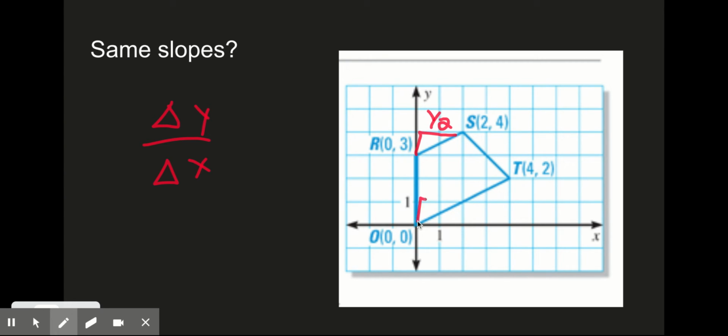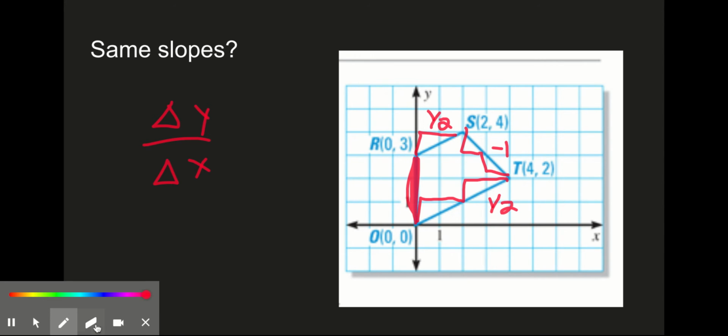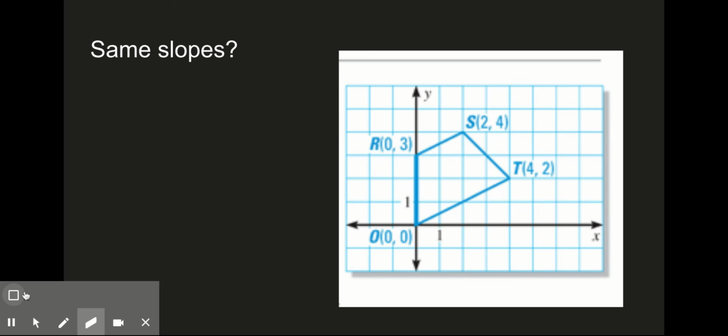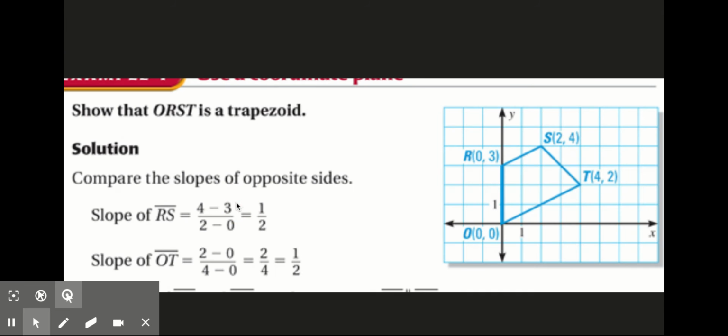And this goes up 1 over 2, up 1 over 2. So clearly, that's one pair, whereas this has a slope of down 1 over 1, so that's a slope of negative 1. This is a straight line, which as we know is an undefined slope. So only one pair of those sides is actually parallel.